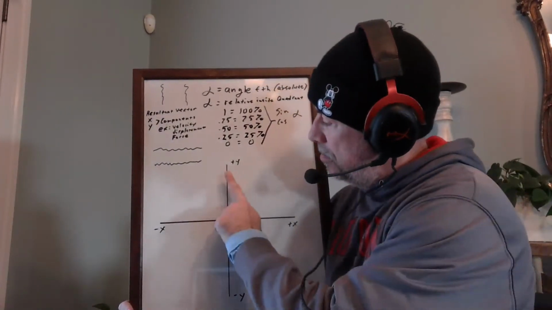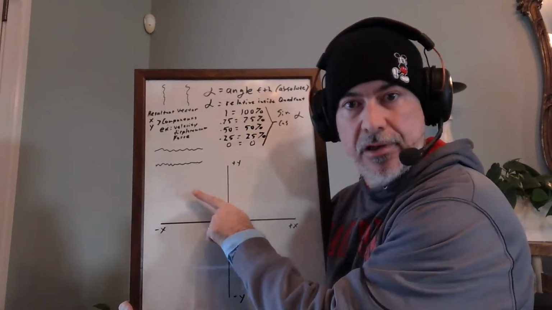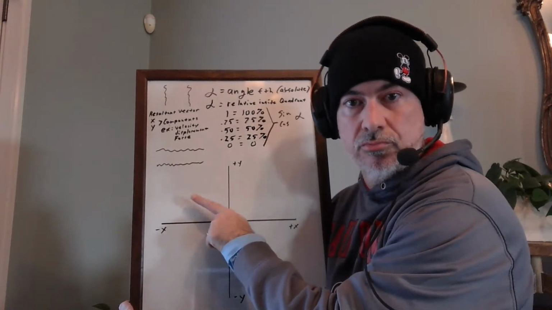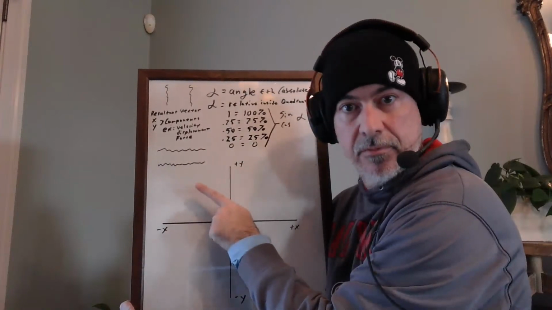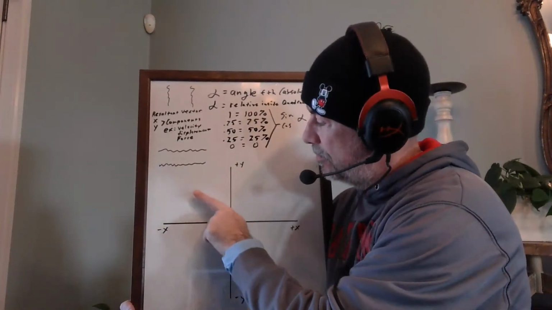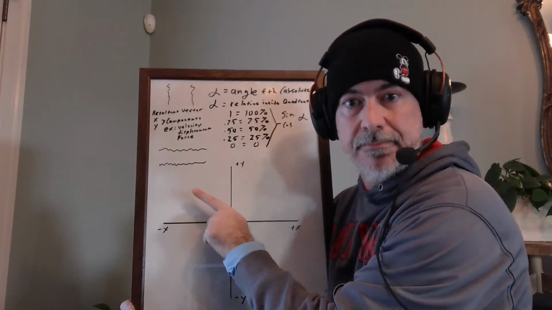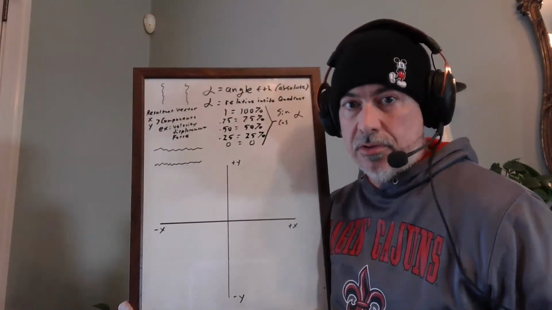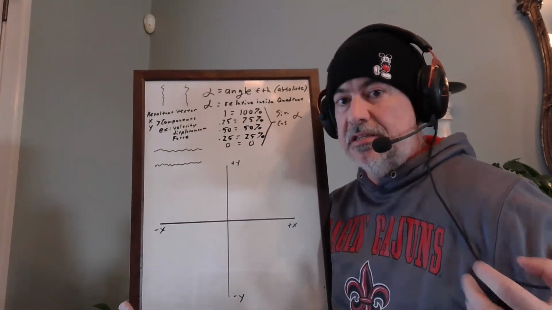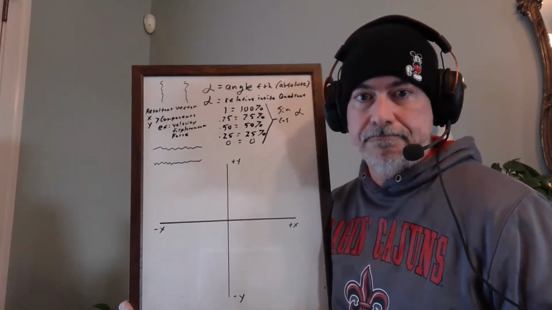That makes sense. 135 is halfway into quadrant 2, right? Absolute 135, but relative, it's 45 degrees past 90. It's the same place, right? So both the x and y components will be 70% of the resultant.